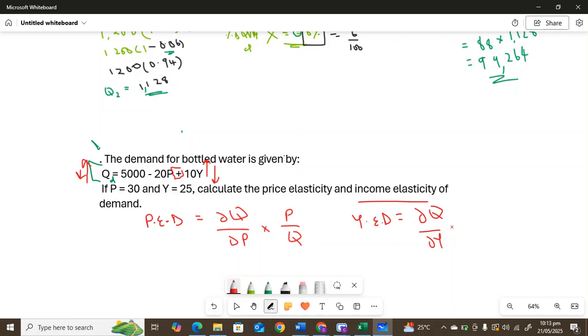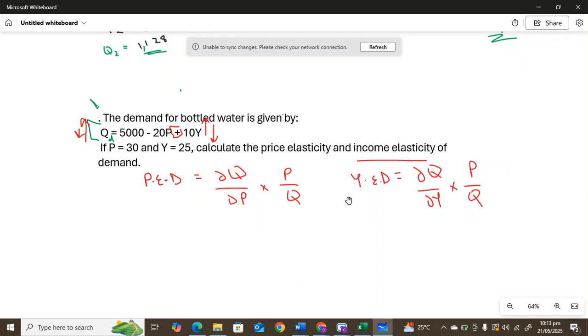What about cross price elasticity of demand? It is how the quantity demanded of one good responds to changes in the price of another good.